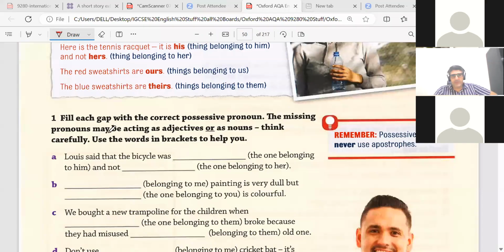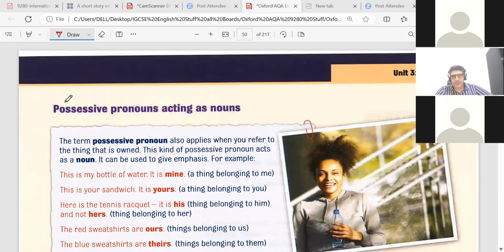Based on this, guys, please complete this. You have 2 minutes to finish. Fill the gaps, each gap with the correct possessive pronoun. The missing pronouns may be acting as adjectives or as nouns. Think carefully, use the words in practice to help you. Okay?